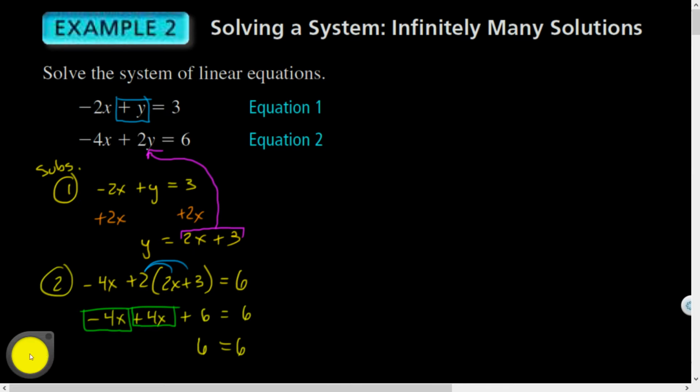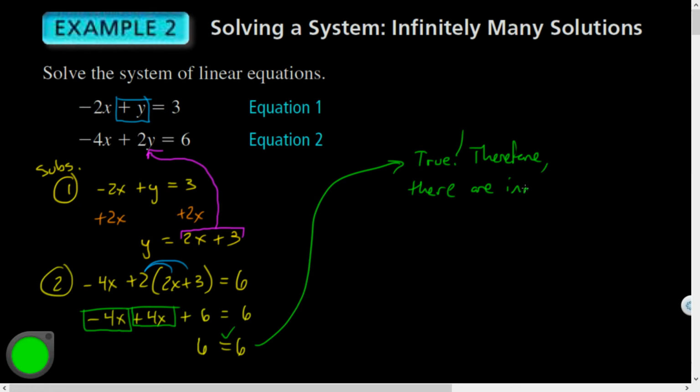So when I'm trying to solve for x and y that make this true, all my variables disappeared, and I was left with a true statement. And what that statement tells me, because it's true, is that there are infinitely many solutions.